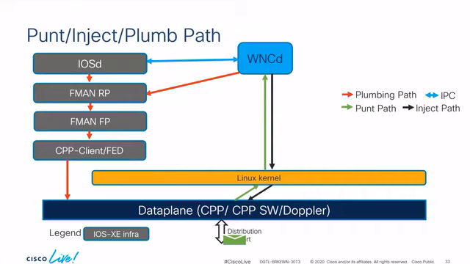Same goes for all client traffic. So asynchronously, the WNCD will also communicate with F1IP to inform it of any new AP or client it has learned about. F1IP in turn will sequentially communicate with the F1FP, which in turn talks to the CPP client or Fed in case of a Catalyst switch, which will then go ahead and program the data plane.